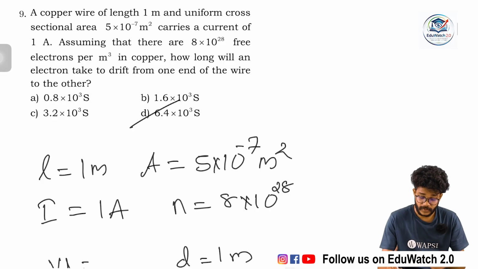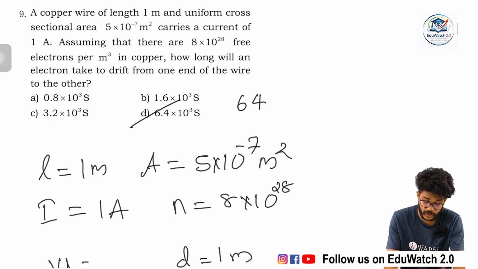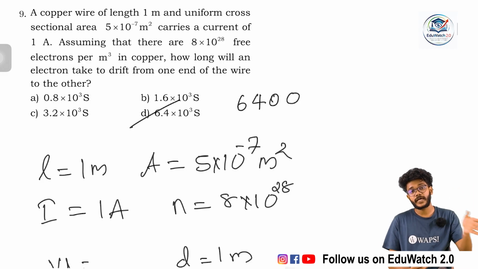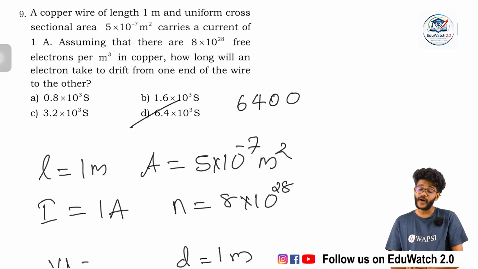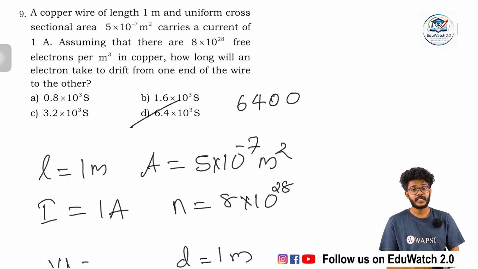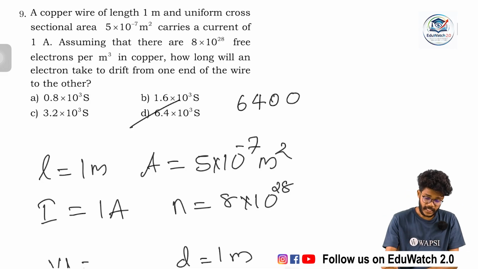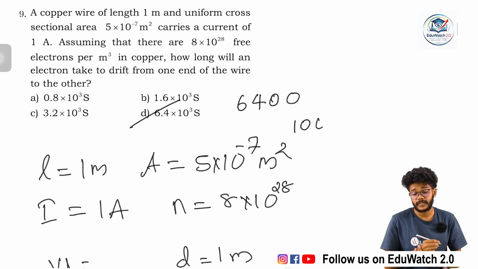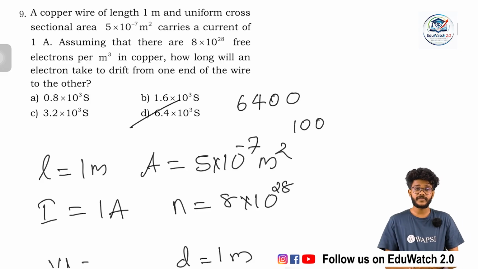Actually, 6,400 seconds will be taken by an electron to travel from one side to the other side of a 1 meter length of wire. Here we have the density for that particular wire. 6,400 seconds is approximately 640 by 10 minutes, about 100 minutes, which means approximately 1.45 hours for the electron to travel from one side to the other.